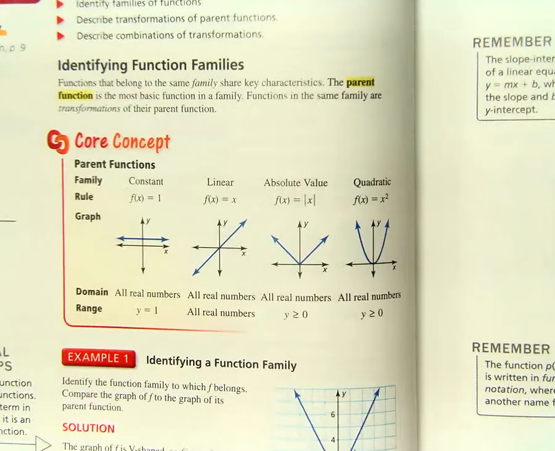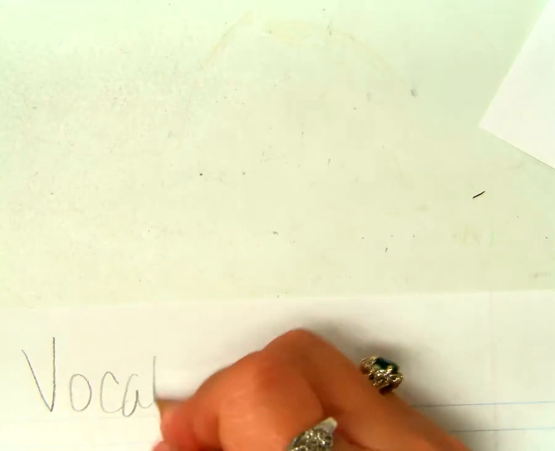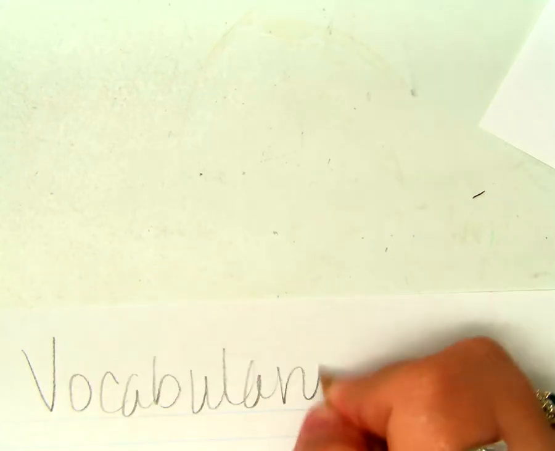So the 2 types of transformations that we're going to talk about today. Please take out your vocabulary page. Remember, you should have a vocabulary page. It says vocabulary at the top, like this.